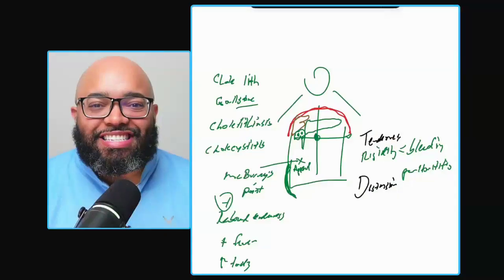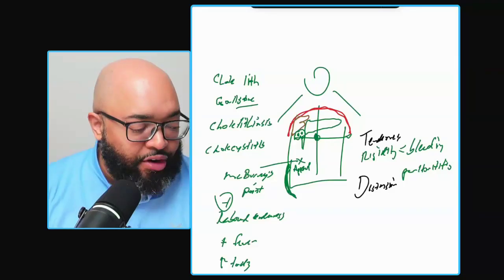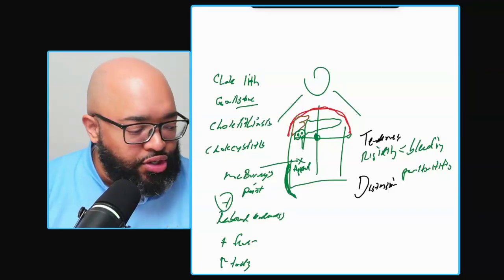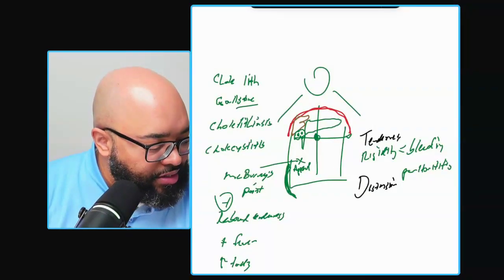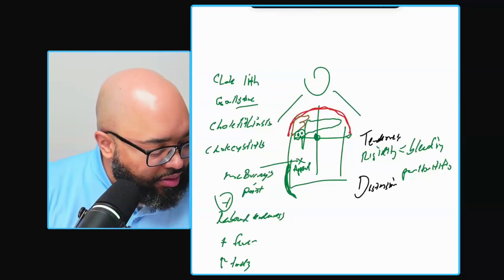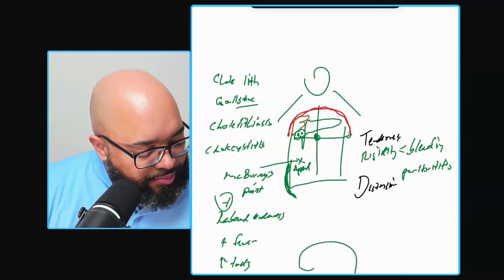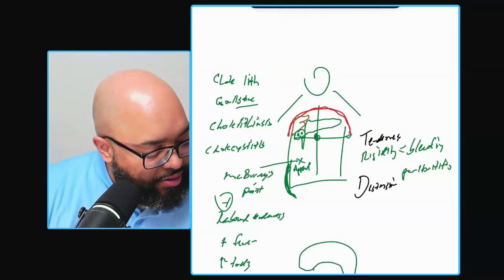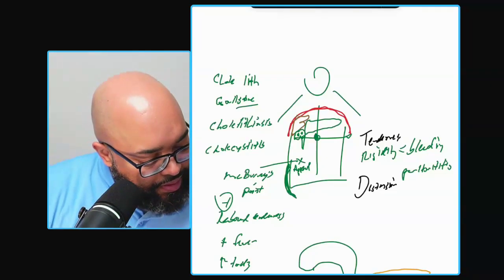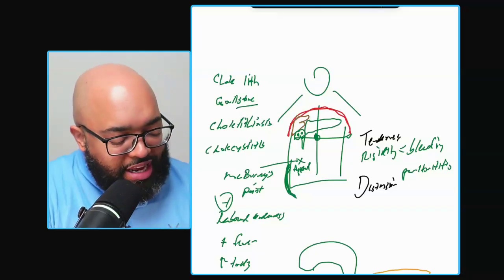Cholecystitis is inflammation of the gallbladder. Cholelithiasis is gallstones. Now, what if you have a blockage of the common bile duct? So let's do it this way. Let's zoom in on this. So here's a gallbladder.